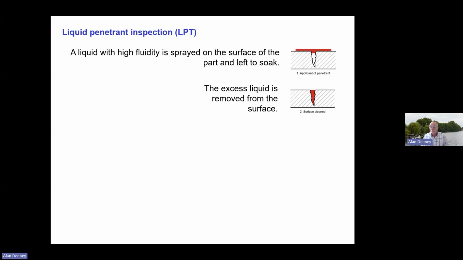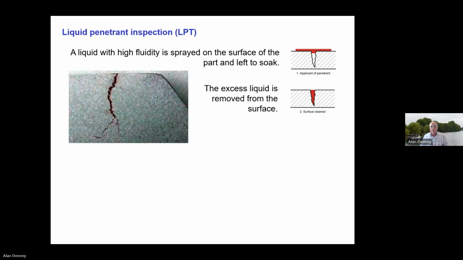The excess liquid is then removed from the surface so that you can no longer see any dye at all. But what's happened is that dye has penetrated down into the defect, the crack that you see here, drawn in by capillary action. And then you spray on a developer, and that's basically a chalk powder in a carrier medium.